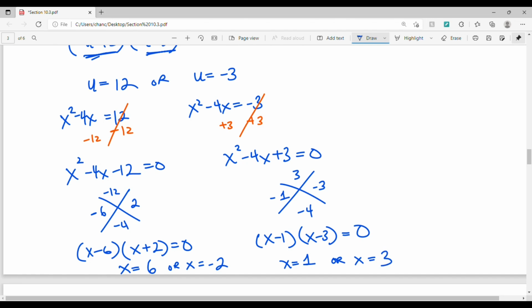So we got 4 solutions here: 1, negative 2, 3, and positive 6. So 6 is a solution, negative 2 is a solution, 1 is a solution, and 3 is a solution. Do we have to check our work? Well, we did not square both sides at any moment, so we don't have to check our work. So that's good for us.